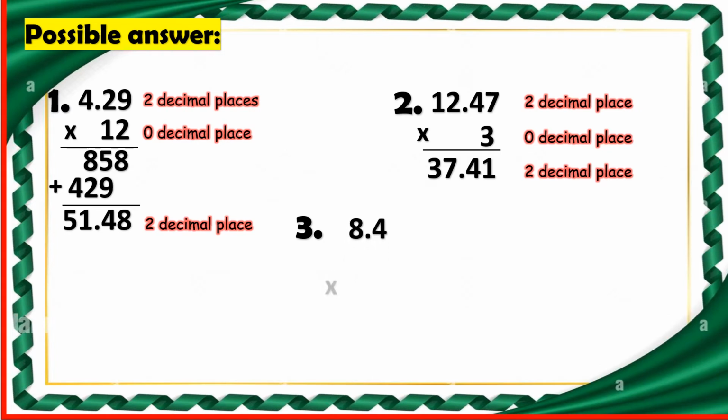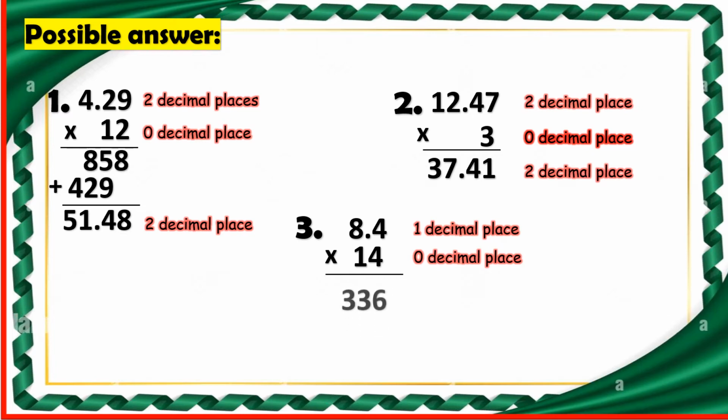Okay, so let's move on to number 3. So the given is 8.4 multiplied by 14, and 8.4 has 1 decimal place while 14 has 0 decimal places. So let us multiply 84 times 4. So the answer is 336. And then 84 times 1.